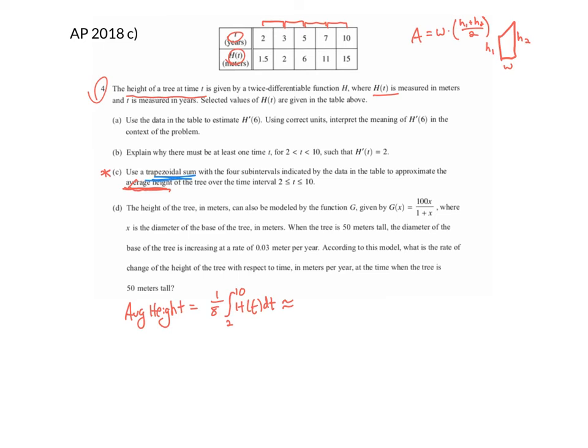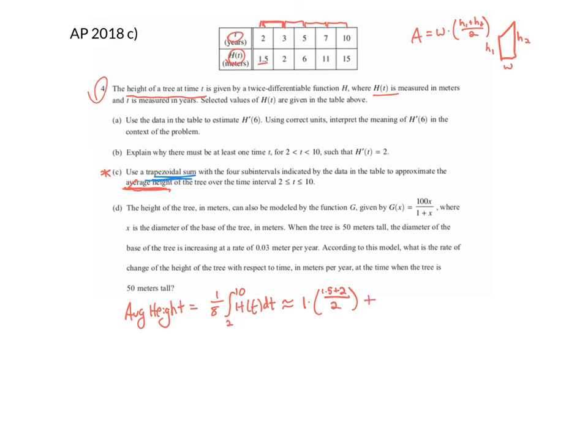So for our first trapezoid, we would take our width, which in this case goes from 2 to 3. So that would be 1 times. And then our first height is 1.5 plus. Our second height is 2. And then we divide by 2. There's the area of our first trapezoid.